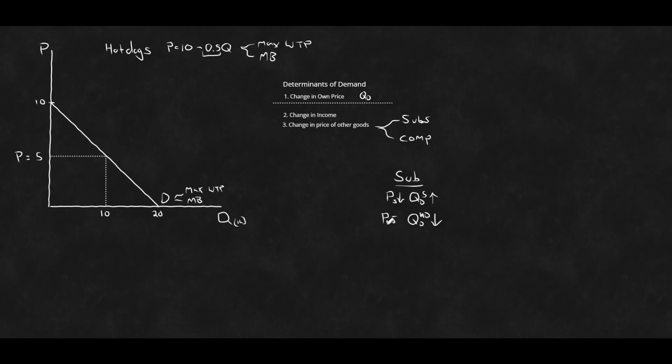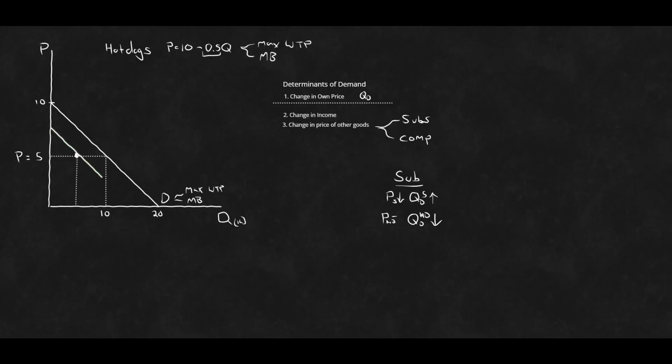And so for a fixed price, we are substituting away from hot dogs towards the cheaper smokies. The result of that is for a fixed price, we would now find ourselves somewhere here, lower quantity demanded altogether. There we go, lower quantity demanded.